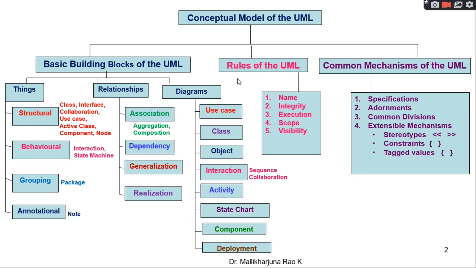Next, rules of the UML. Here we cannot design as per our own interest. If we take the English language to frame a sentence, we will use subject, verb, object.